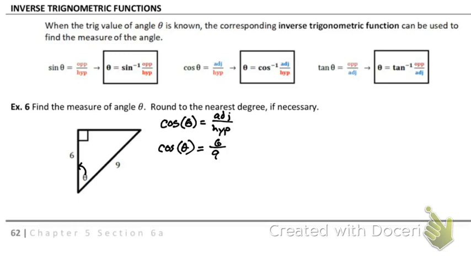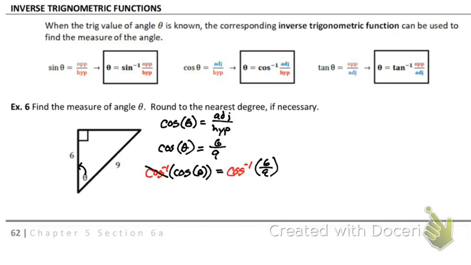But in order to find out what that angle equals, I need to get rid of that cosine. I need just theta on that side. The only way to do that is to take the cosine inverse of both sides. And we'll take the cosine inverse of 6 over 9.